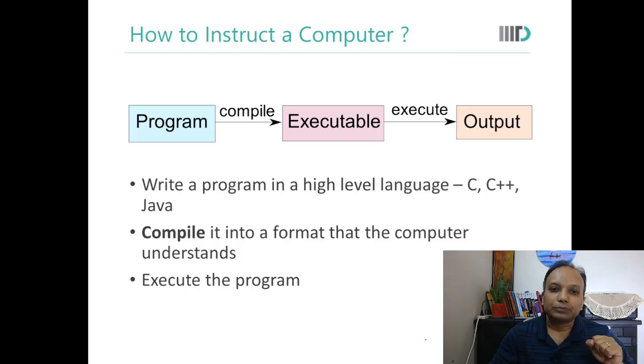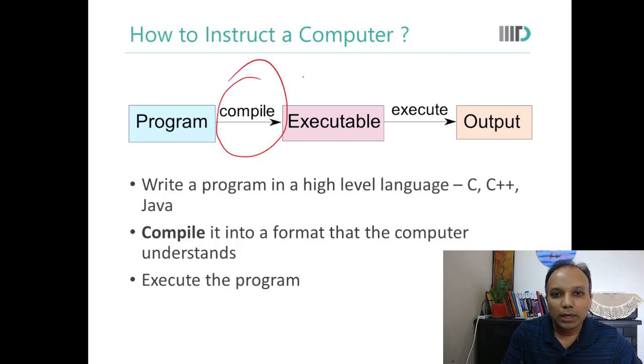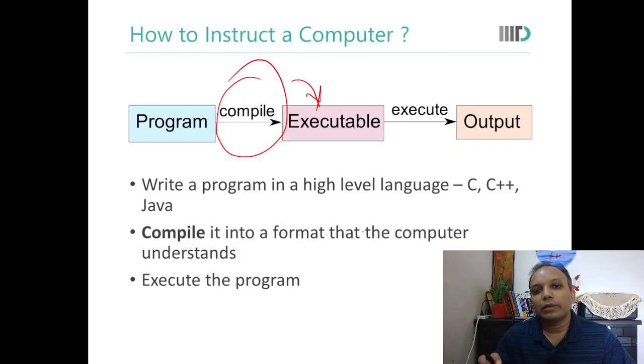Now, this compiler has to know the capabilities of the hardware for which the code is being compiled, and that is where the concept of instruction set architecture comes in.